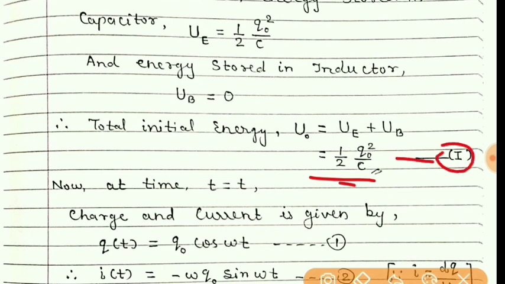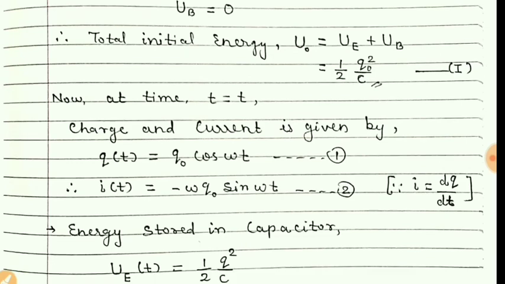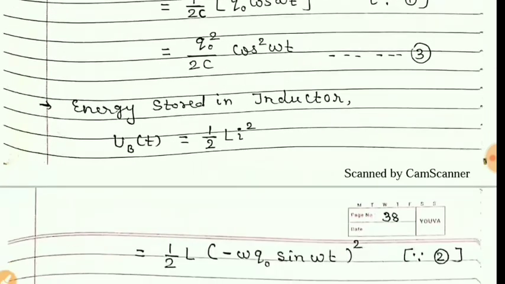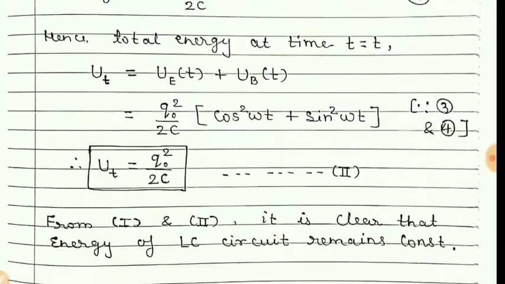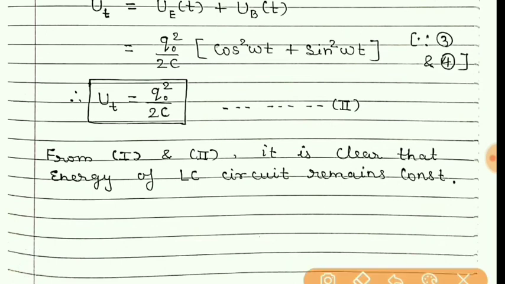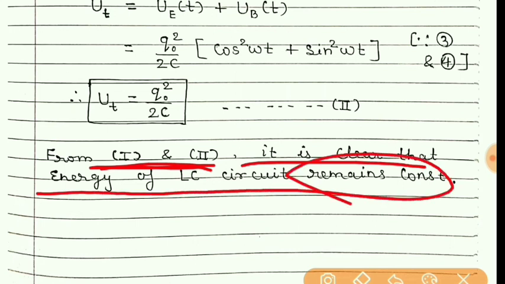Hence we can say that the energy associated to the LC oscillator remains constant. So comparing 1 and 2, it is clear that the energy of the LC circuit remains constant.